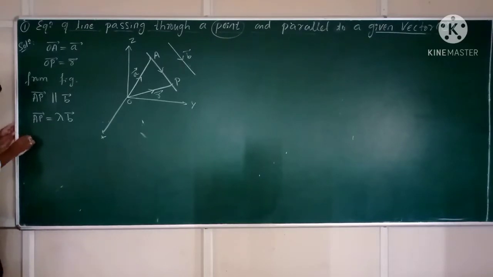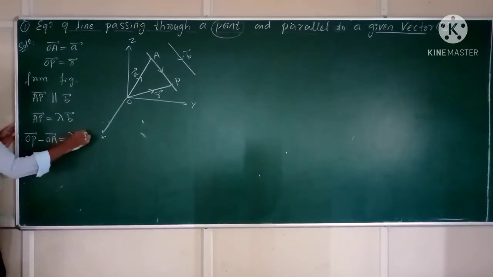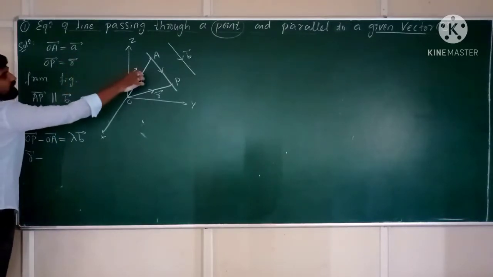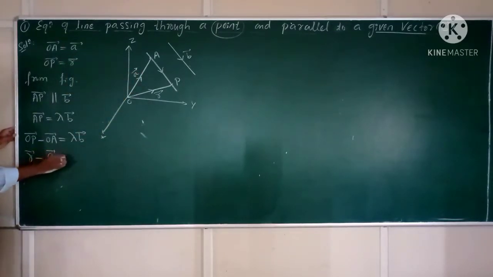AP vector can be written as OP vector minus OA vector, which equals lambda times B vector. We know that OP vector is defined by R vector, so R vector minus OA vector, which is A vector, equals lambda times B vector.